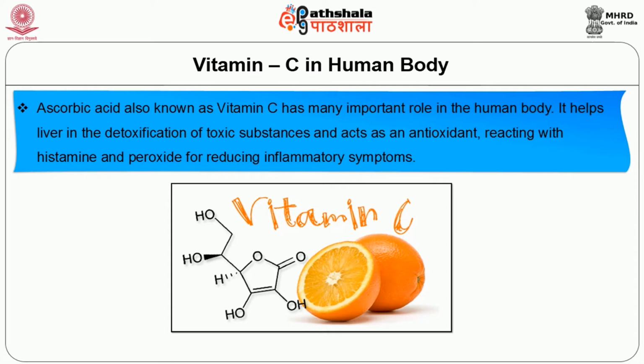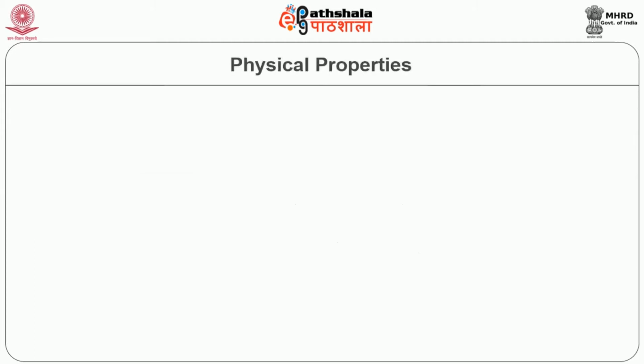It helps the liver in the detoxification of toxic substances and acts as an antioxidant, reacting with histamine and peroxide for reducing inflammatory symptoms. Vitamin C or ascorbic acid has an important role in maintaining the health of an individual.